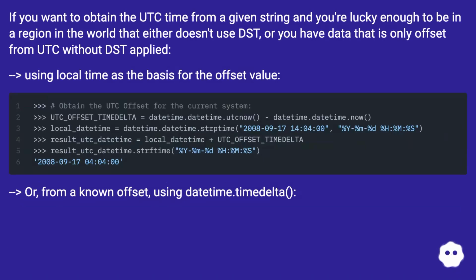If you want to obtain the UTC time from a given string and you're lucky enough to be in a region in the world that either doesn't use DST, or you have data that is only offset from UTC without DST applied, using local time as the basis for the offset value, or from a known offset using datetime.timedelta.